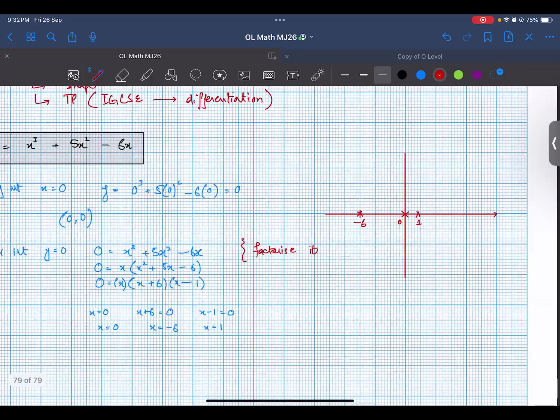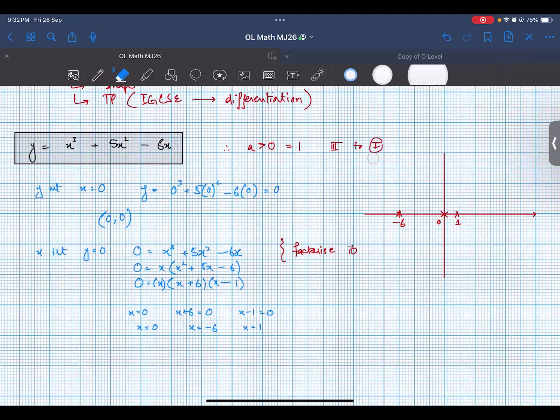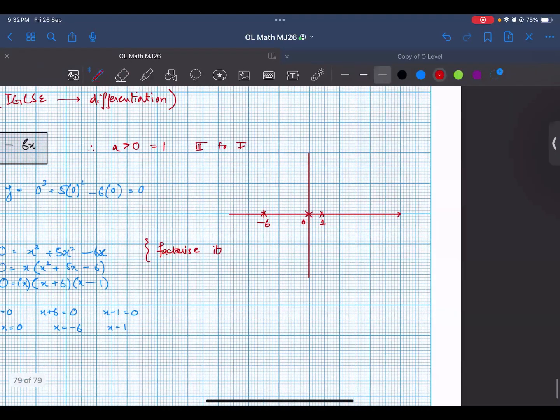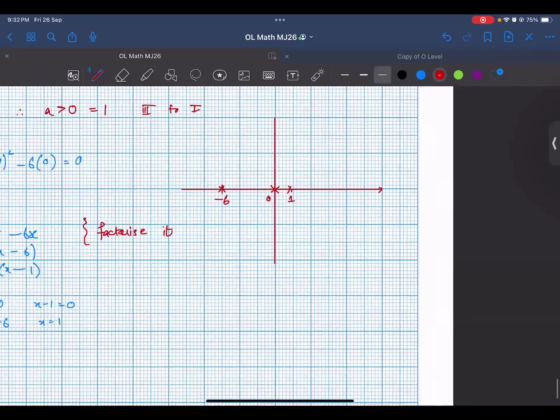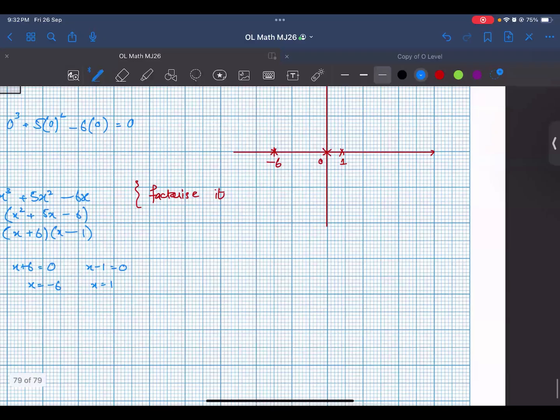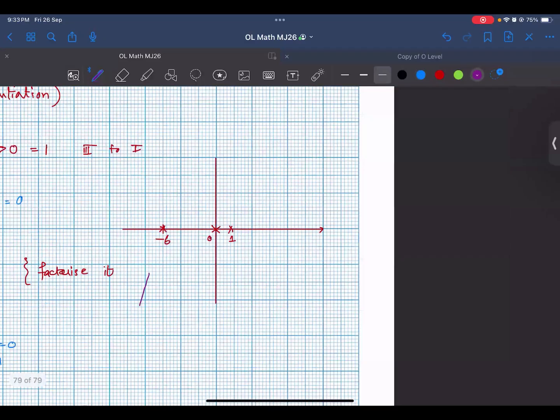Now what about a? A is positive, right? A is your 1. So this means it will start from the third quadrant and go to the first. Look how this will go. Interesting. Start in the third and then turn.